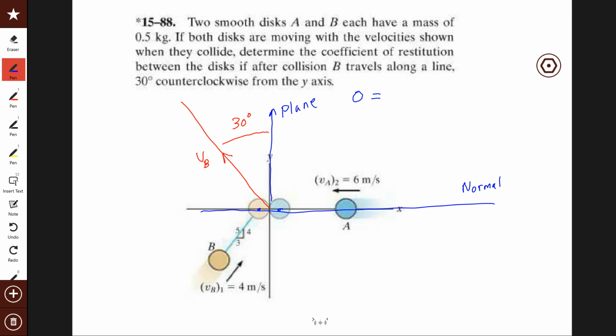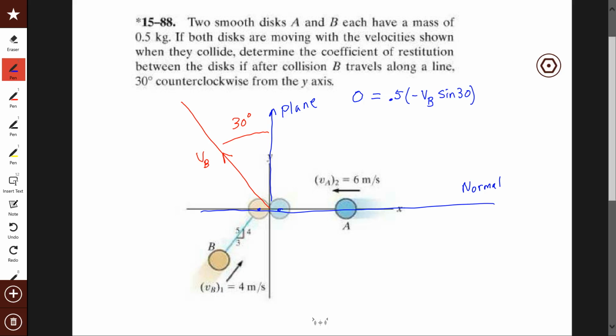So after the collision, the momentum is the mass of B, which is 0.5 kilograms, times the velocity of B in the normal direction. In this case, it's going to be a minus VB times the sine of 30 degrees, and that's the component of velocity in the normal direction after the collision.